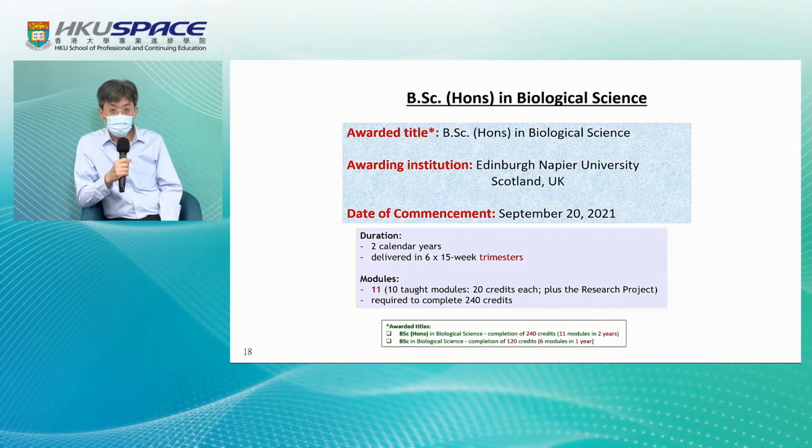For each trimester, we have about 15 weeks for students to take 2 modules. Altogether we have 11 modules, and each module is about 20 credits, while one of the modules is about 40 credits. So altogether, you should complete 240 credits in 2 years.